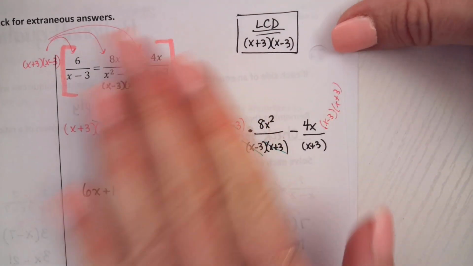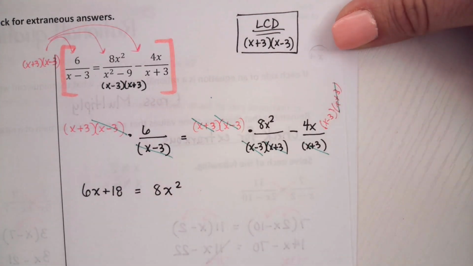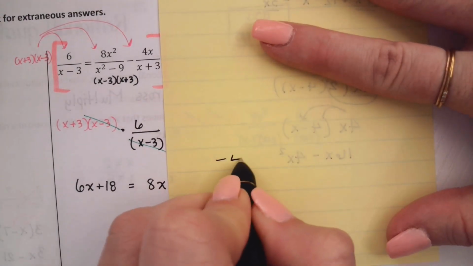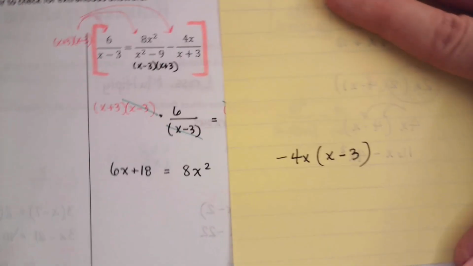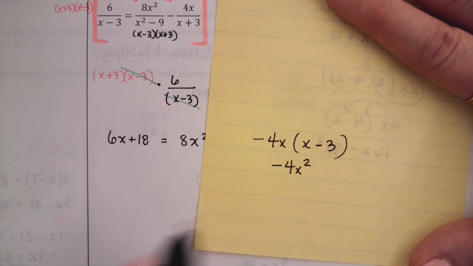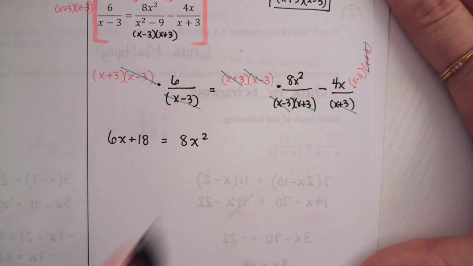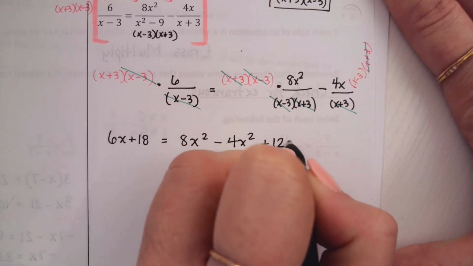And then on the last one, the x plus 3 will cancel, and we'll just have minus 4x times x minus 3, which would be negative 4x squared plus 12x.